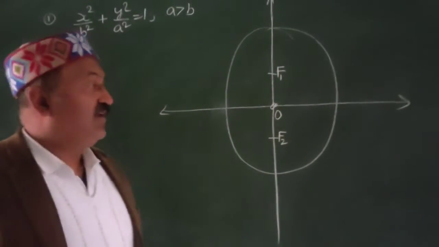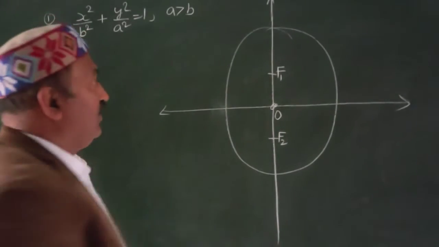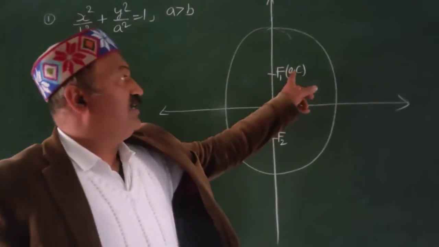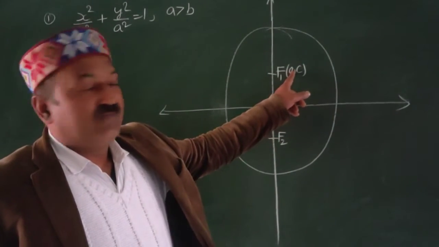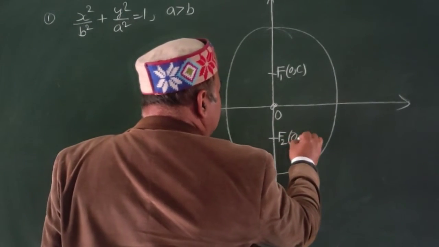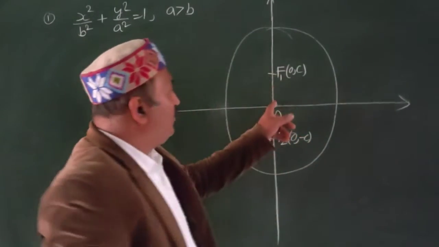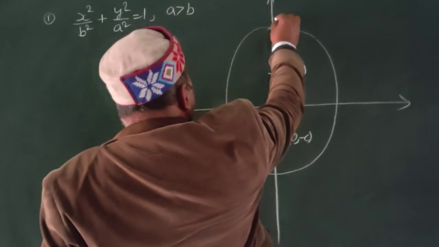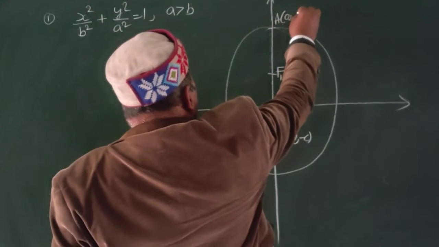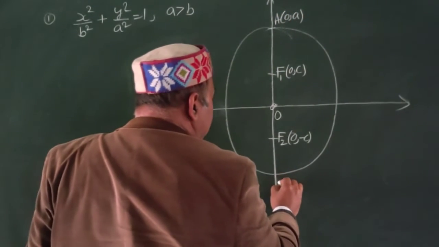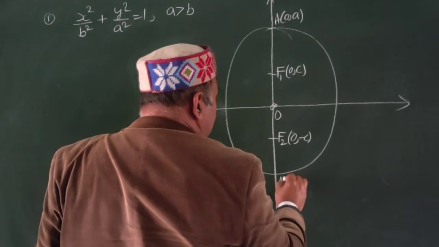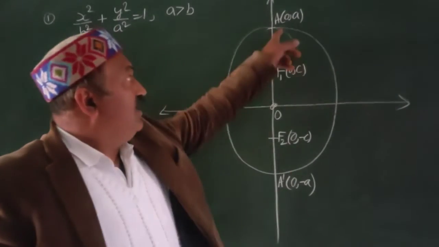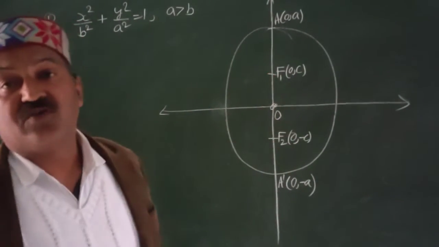First focus F1, second focus F2, and their coordinates are (0, c), because on y axis always x coordinate is 0, and this is (0, -c), at equal distance from origin, both foci. Vertices are (0, a), and this is A dash, that is (0, -a). These are the vertices of the second standard form of the ellipse.